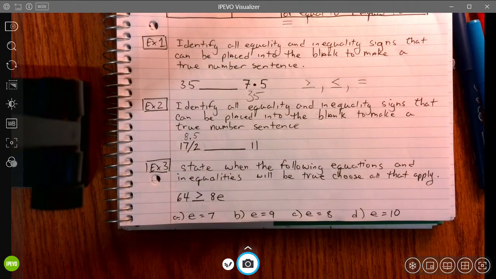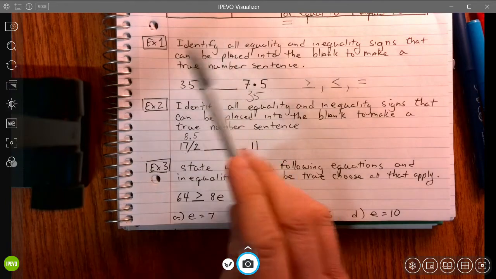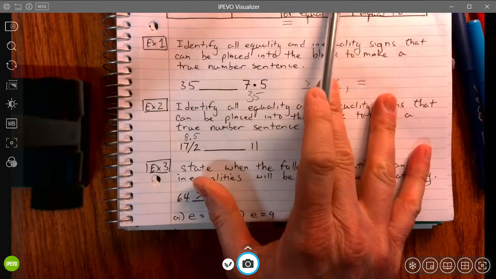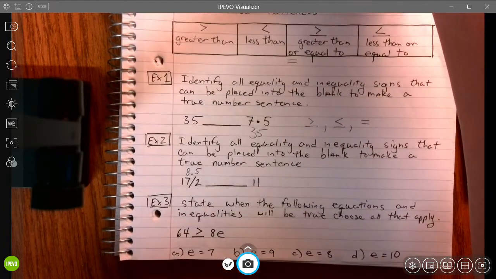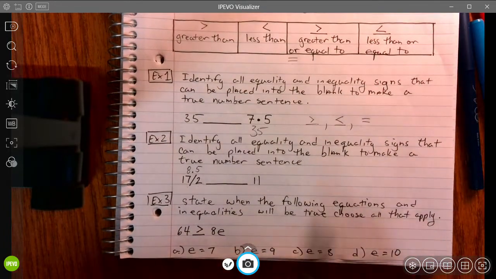Let's go through our list again and see what inequality or equality signs will fit into this blank to make this a true number sentence.